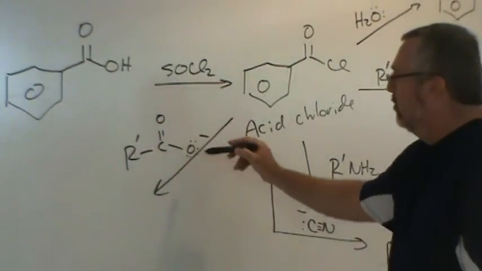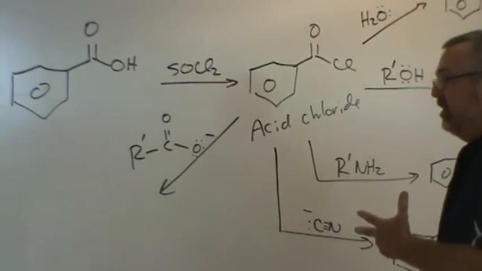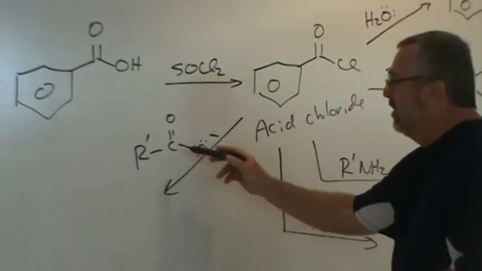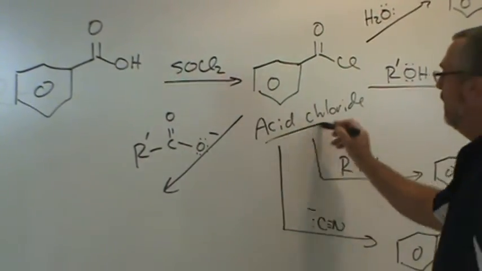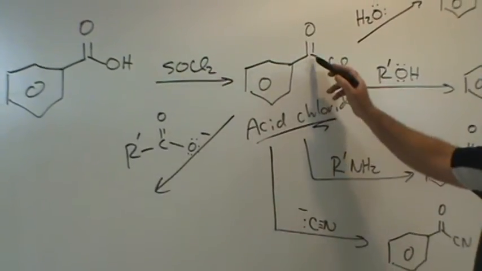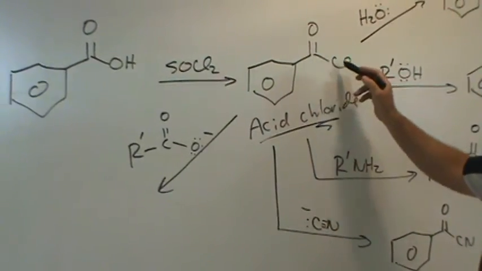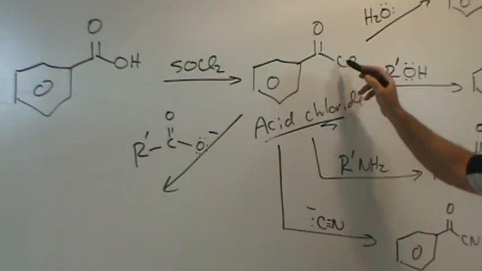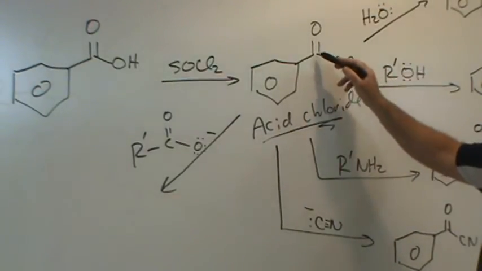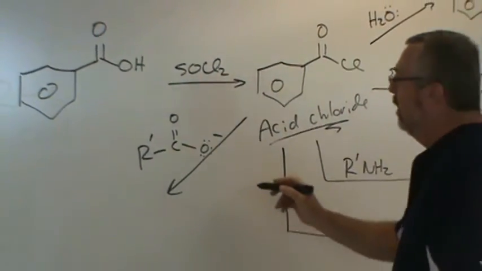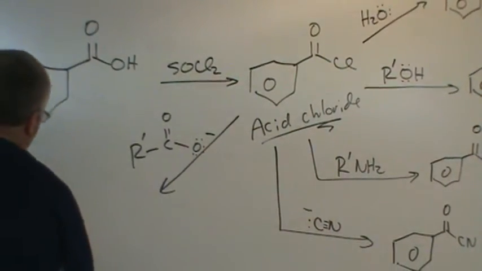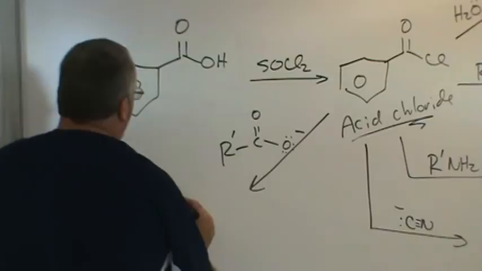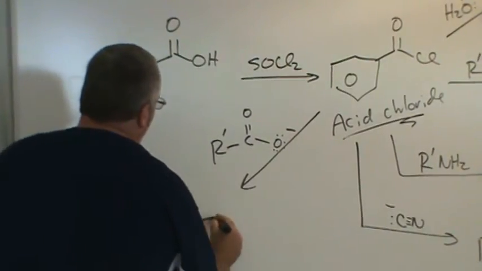We talked about in the carboxylic acid chapter that the carboxylate anion is not a great nucleophile, but again, the acid chloride is so reactive, it doesn't really matter. Super electrophilic carbon there because of the chlorine, because it's a good leaving group, because it's electronegative. All those things make it such a strong electrophile. We can do a nucleophilic addition elimination reaction with a carboxylate anion and an acid chloride in order to give us an anhydride.